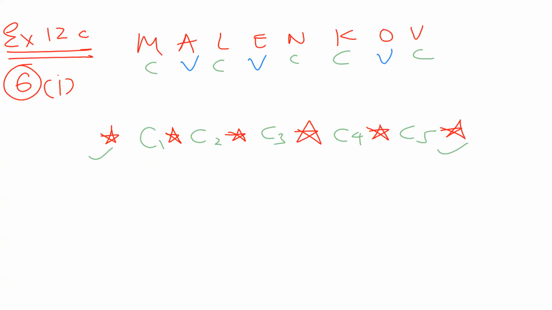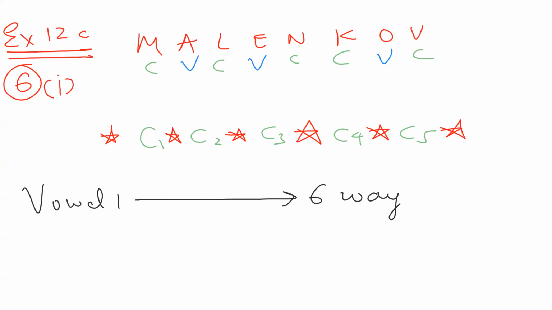Okay. So vowel 1 can be arranged in 1, 2, 3, 4, 5, 6 ways. Vowel 1 can be arranged in 6 ways, because there are 6 places for vowel 1.